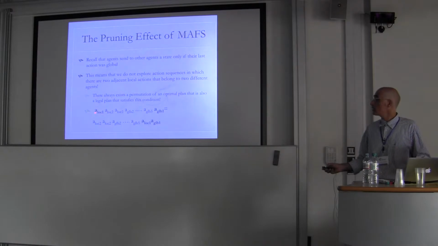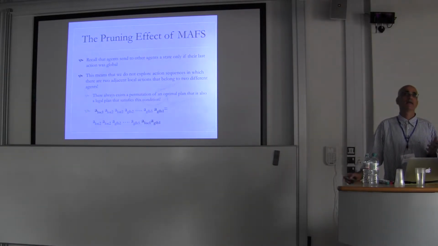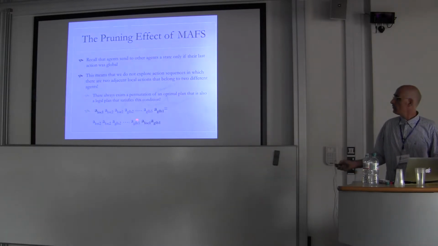Because only this agent can be impacted by an action that is local to it. So I can push it all and get it into this form. Basically, any plan can be permuted to have this property where, following a local action of an agent, only actions by the same agent occur.